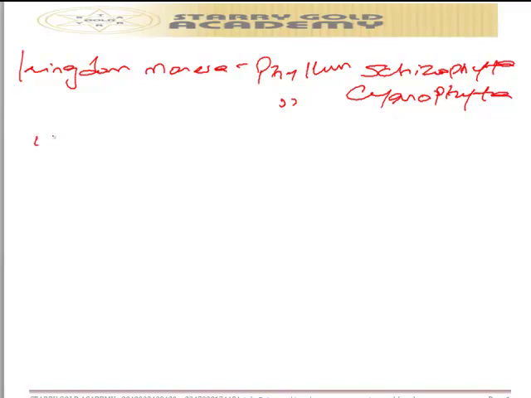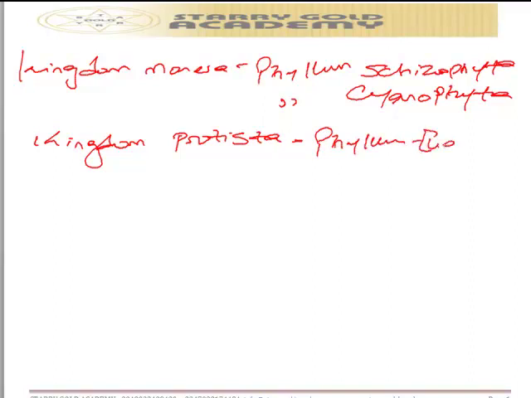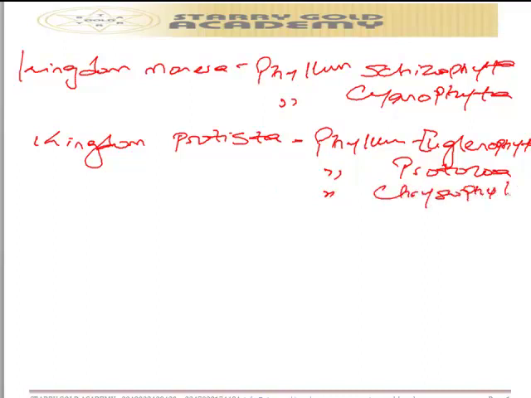Then the kingdom Protista has four phyla: phylum Euglenophyta, phylum Protozoa, phylum Chrysophyta, and phylum Pyrophyta.